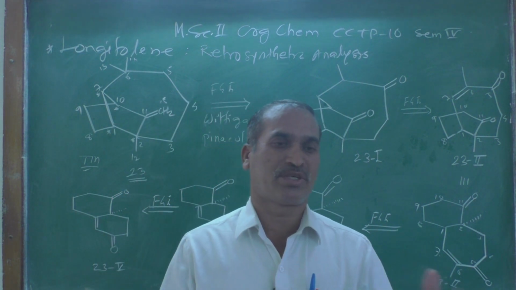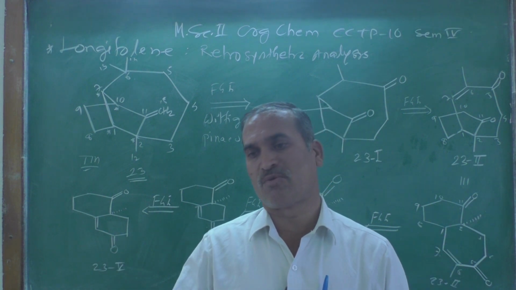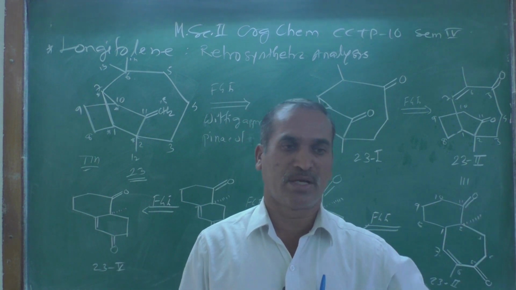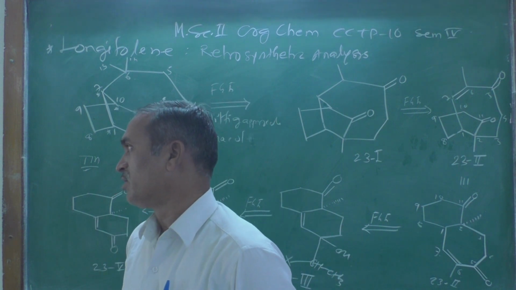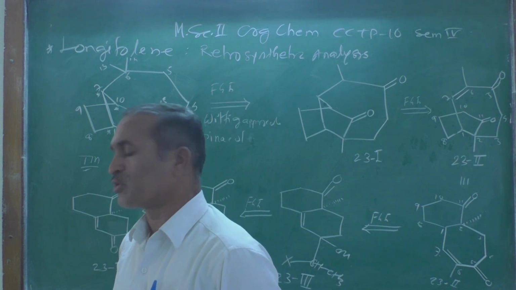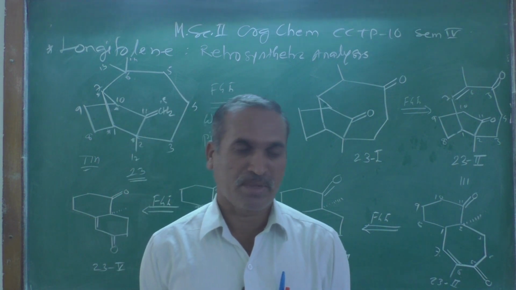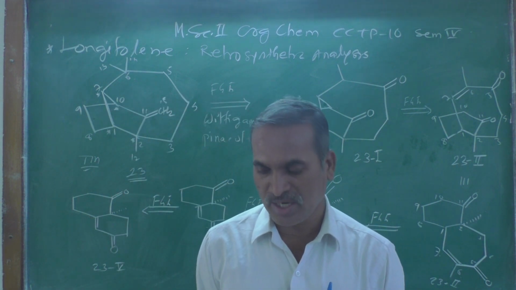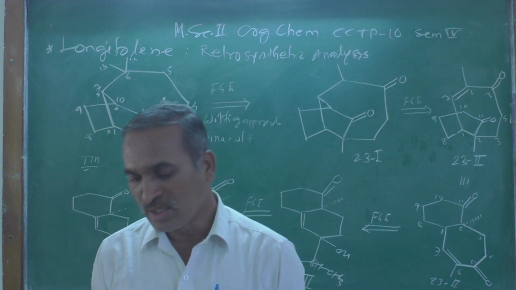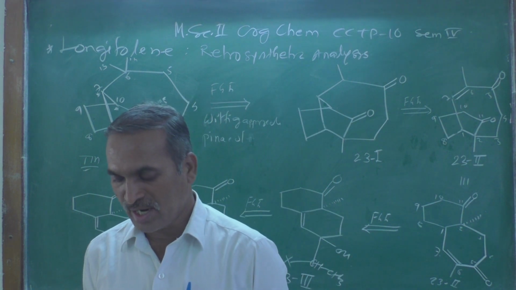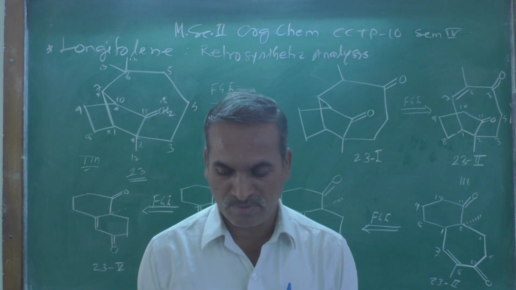Michael addition, we know that Michael additions are 1,4 additions. It is similar to an aldol condensation reaction. In Michael addition the nucleophile approaches at the carbon-carbon double bond side, and that type of reaction is known as intramolecular Michael addition to C7, and we will get this one.